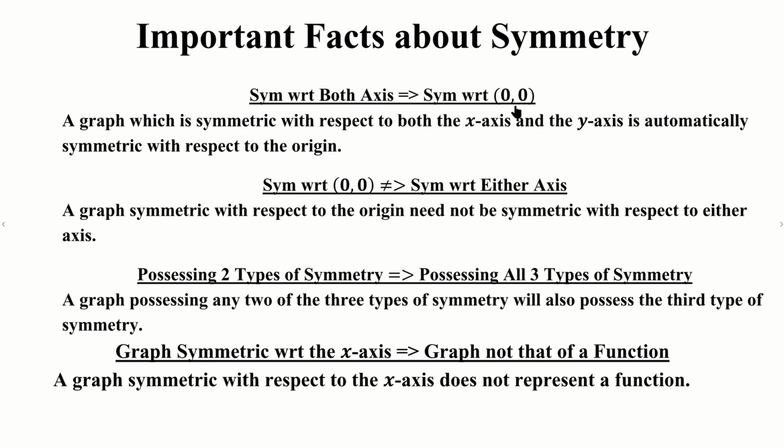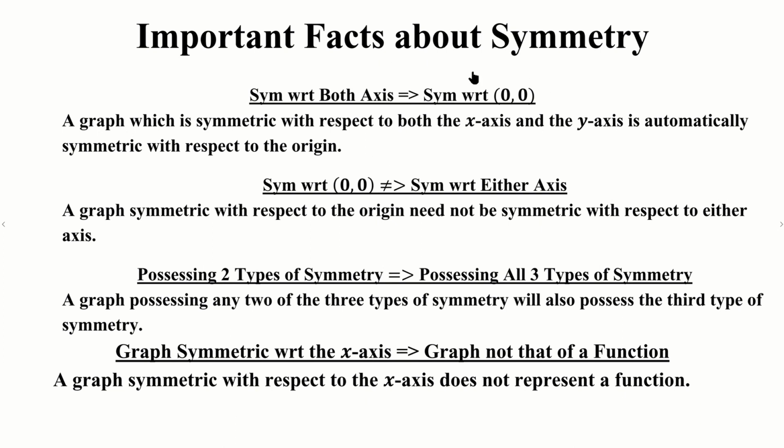We saw that in the case of the circle with center at 0, 0. Remember, it was symmetric with respect to x-axis and y-axis, and it did end up being symmetric with respect to 0, 0. This is a conditional. It is not a biconditional.